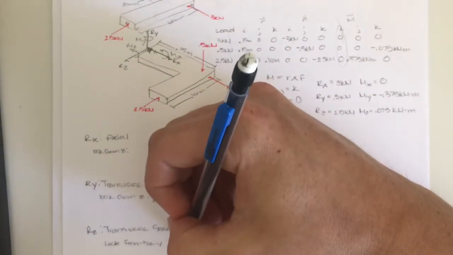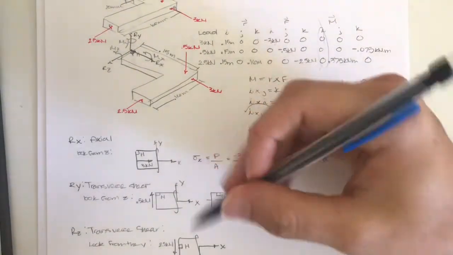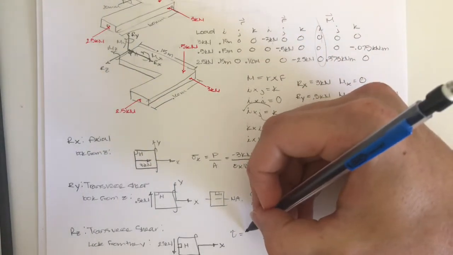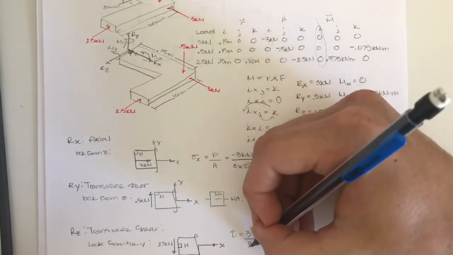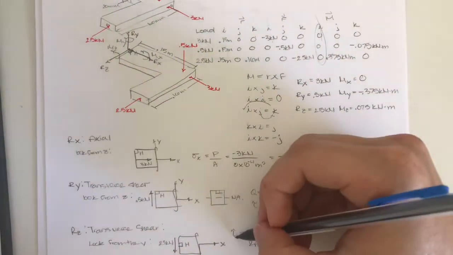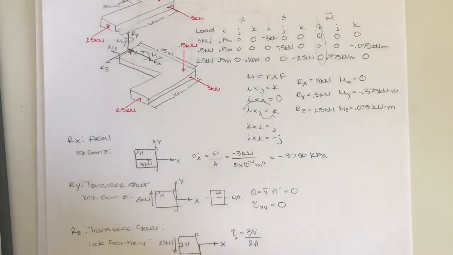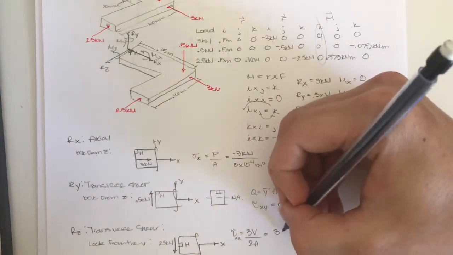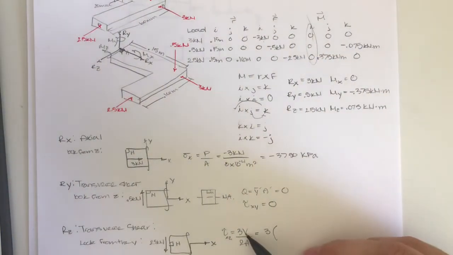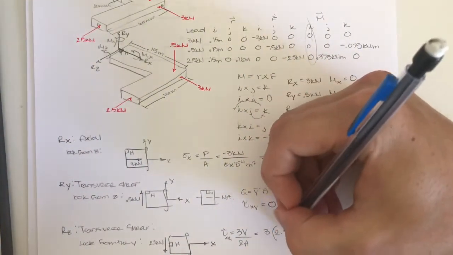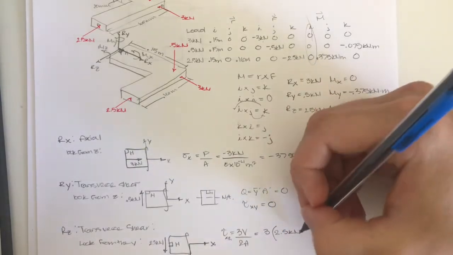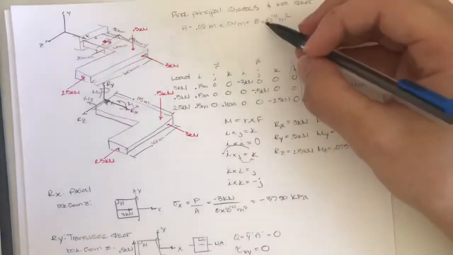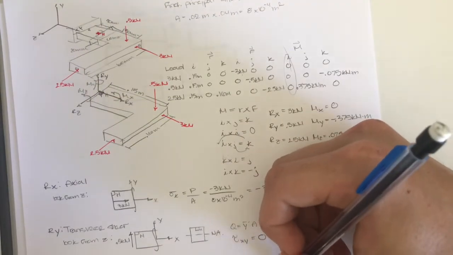2.5 kilonewtons. So the transverse shear equation for a rectangular cross section is 3V over 2A. And we know that this transverse shear is in the X and Z plane. So that's transverse in the X and Z. It's equal to 3 times V, which is the shear force right here, 2.5 kilonewtons, divided by 2 times the area, 8 times 10 to the negative 4th meters squared.